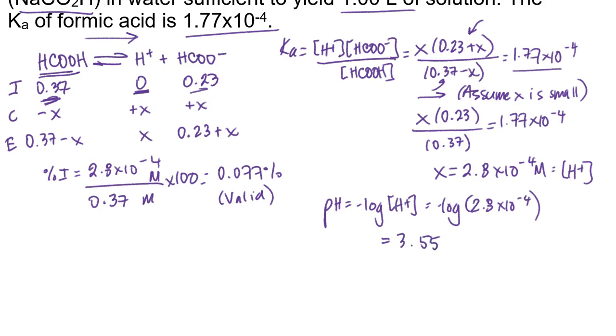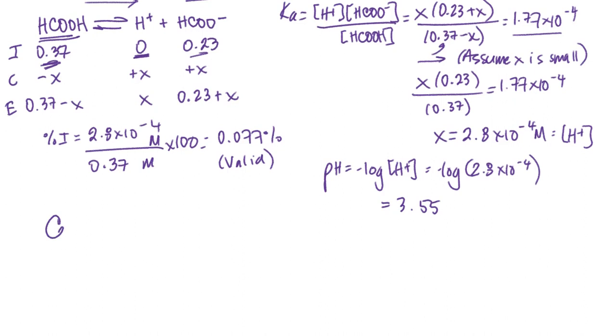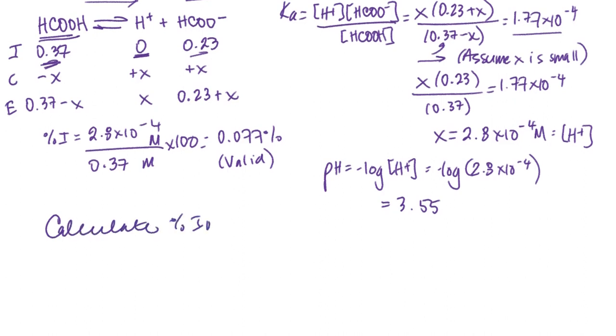Now, in order to really appreciate the common ion effect, I think probably the best way to see how the common ion effect affects equilibrium processes is to actually go ahead and calculate the percent ionization for the 0.37 molar formic acid solution alone.